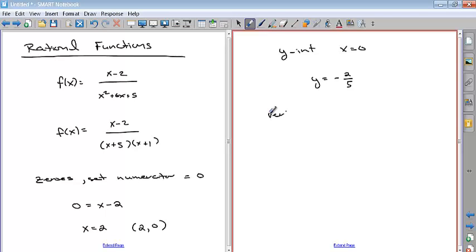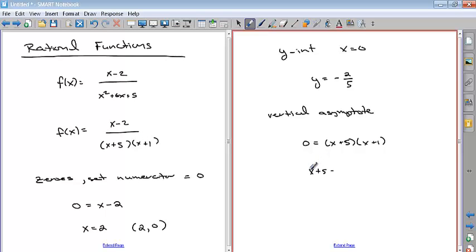Okay, then you get the vertical asymptote. The vertical asymptote is where you set the denominator equal to 0, and if it's factored already, then that's easy. It's where the denominator goes to 0, and that makes it undefined.